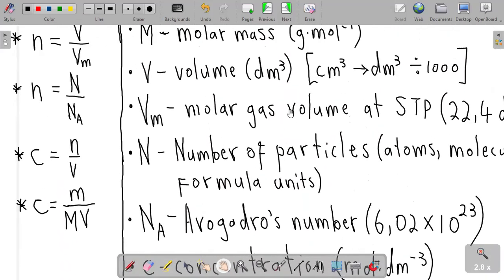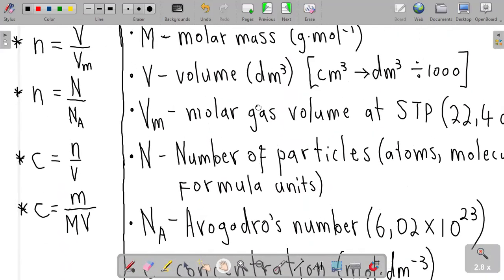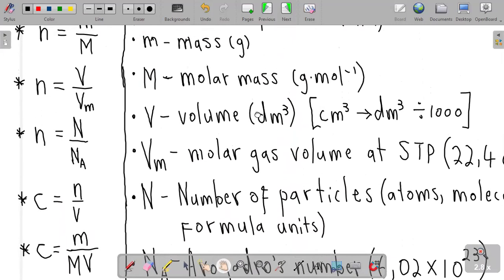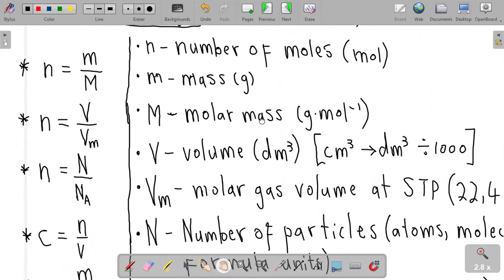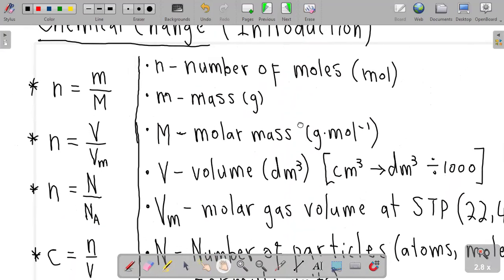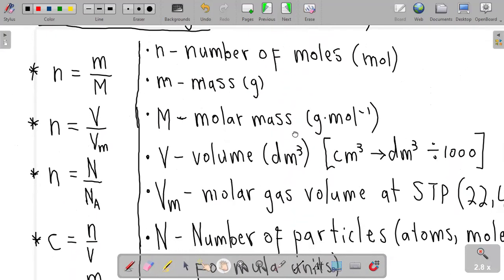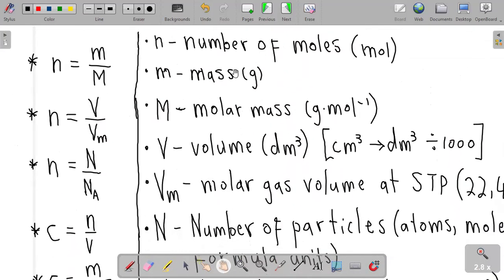In lesson 2, we're going to do an example of a question, and we're going to use this formula here. So please tune in for lesson 2.